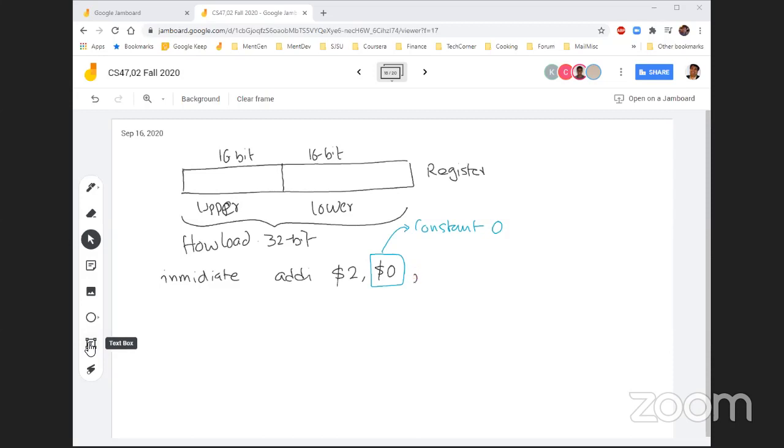Let's say you are supplying some value in hex format. 0x stands for hex. Let's say some value 123A. Now what is the limit of this value?